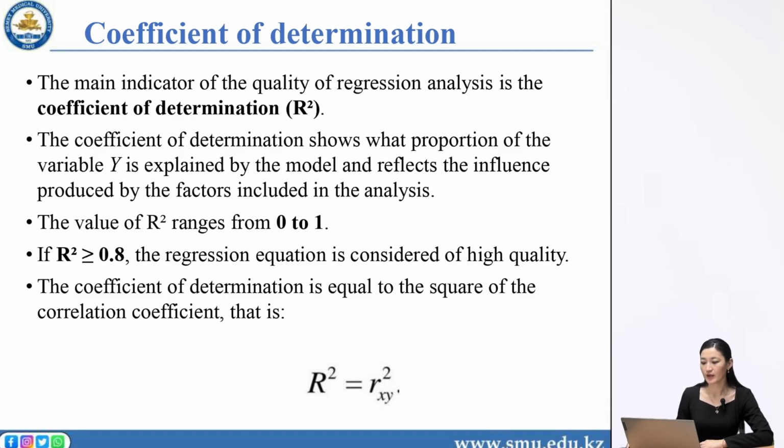The value of R square ranges from 0 to 1. If R square is more than 0.8, the regression equation is considered of high quality. The coefficient of determination is equal to the square of the correlation coefficient, here the formula is shown.